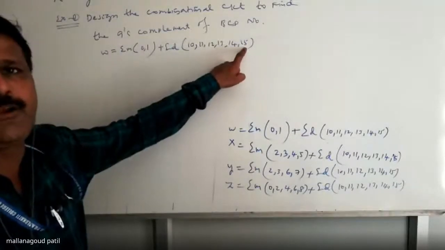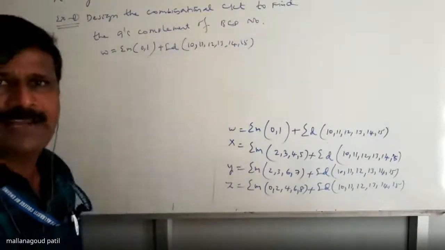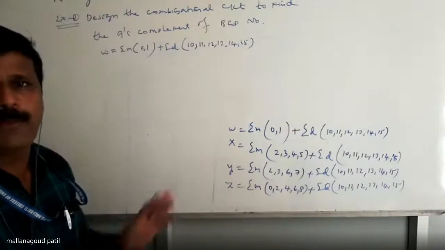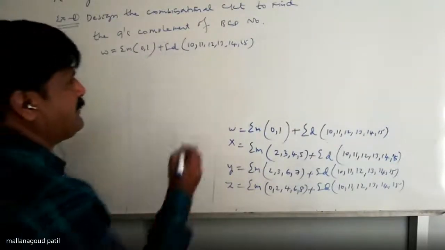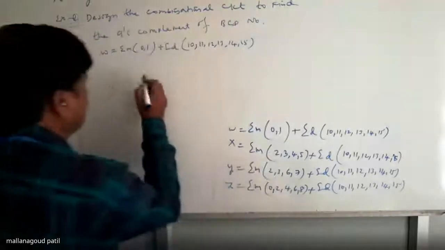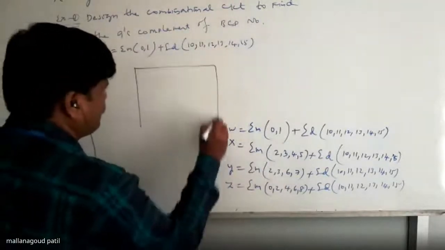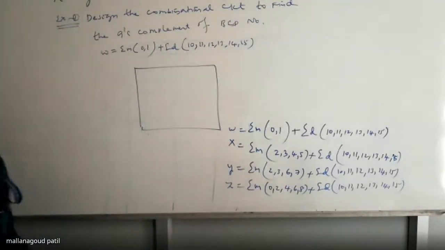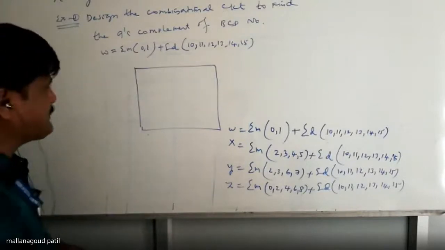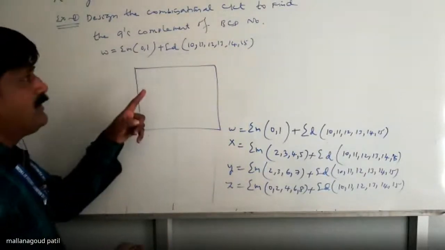Even the don't cares are included. 15 indicates that it is 4 bits. The combinations will be 16. Then 4 bits, then what do you do? You take one K-map. The K-map representation, what you write? W equal to. It's okay.